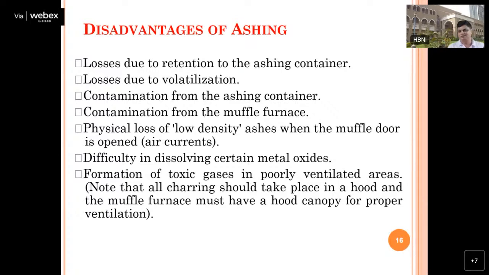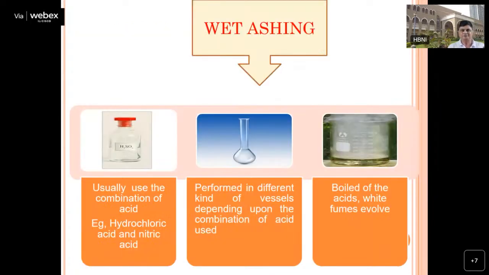Of course, whenever we do dry ashing, it has to be done in a properly ventilated place, because most of the time the muffle furnace is kept in a fume hood. If a fume hood is not available, then proper ventilation should be there, so that whatever toxic gases are released are not in your area of working.